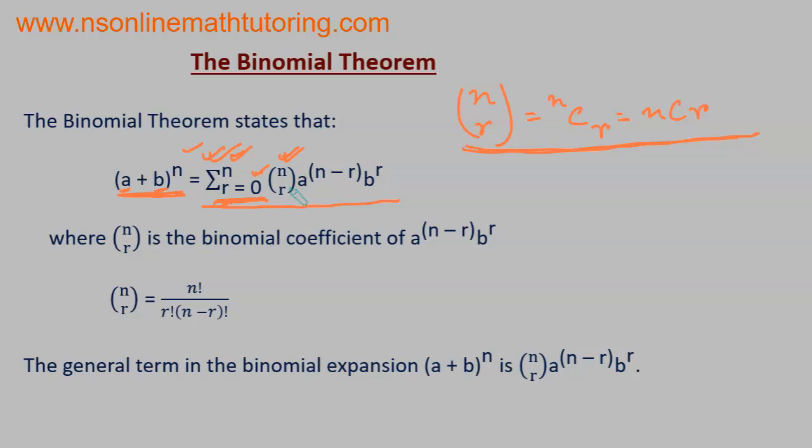I have taken this form. This is for the coefficient of the binomial expansion terms. And a, the first term of this binomial expression, is getting raised to the power of n minus r. And the second term b of the binomial expression is getting raised to the power of r.